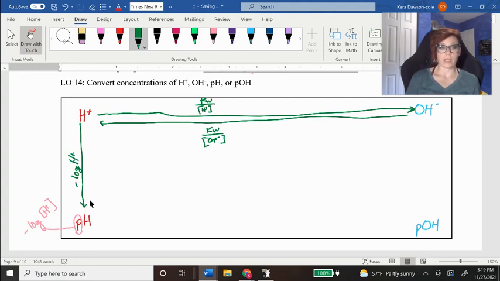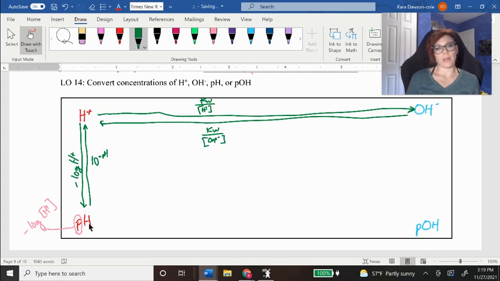If you're going from pH to H plus, you're going to take the anti-log, or 10 raised to the minus pH.